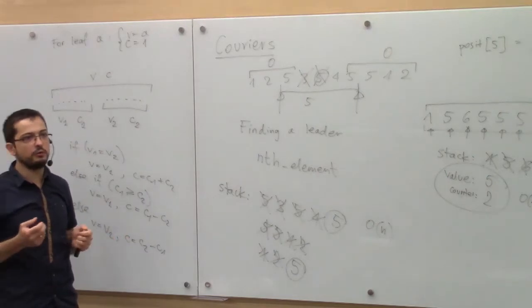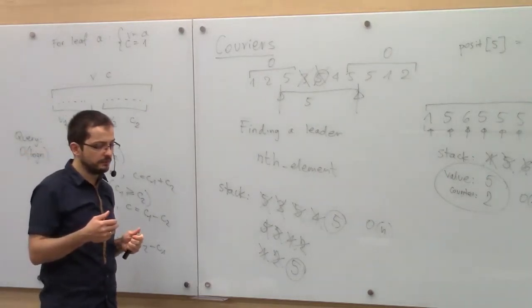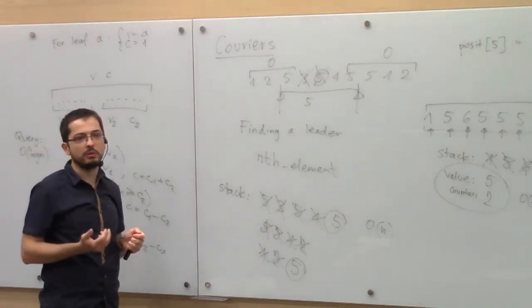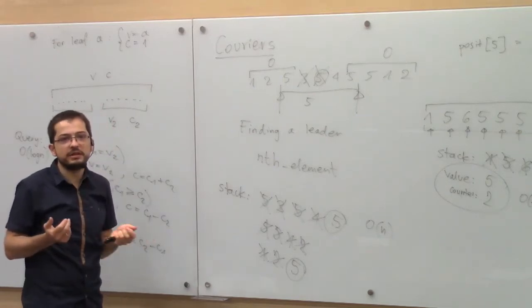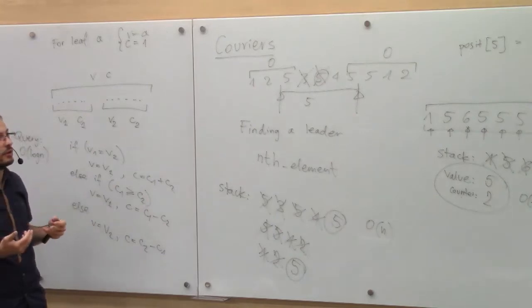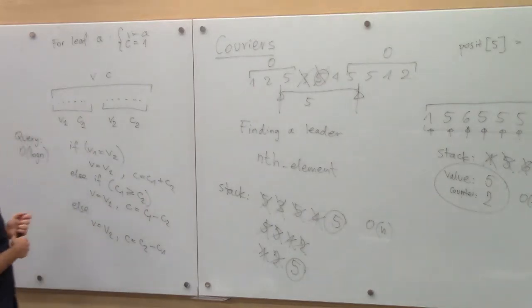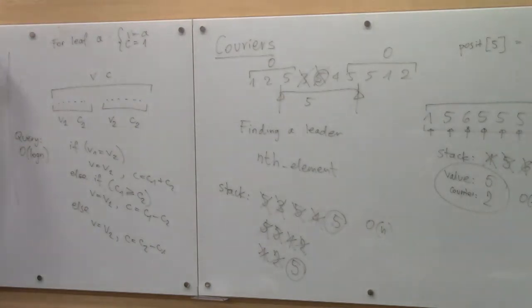So how can we reduce this probability? Basically, we can test several times. Let's say that we test k times.